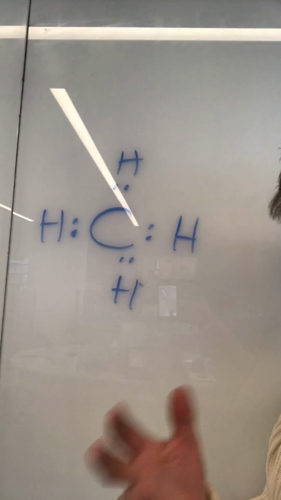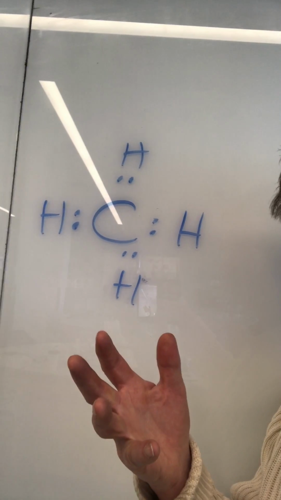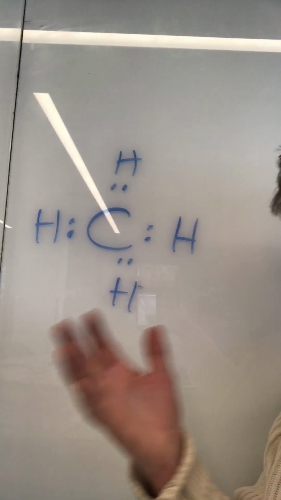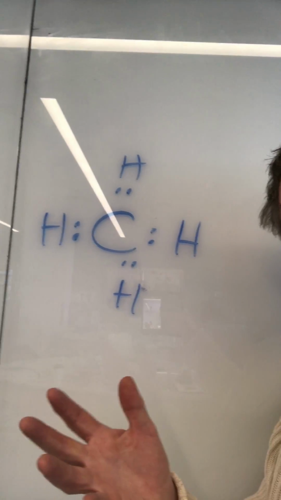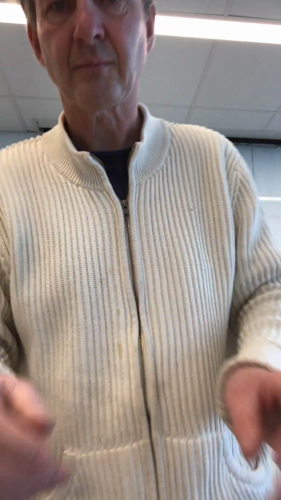So everyone fulfills that noble gas ambition. Hydrogen has the same number of electrons as helium, a noble gas. Carbon has 8, like neon, again a noble gas. So everyone's fulfilled that ambition to be perfect, if you will.